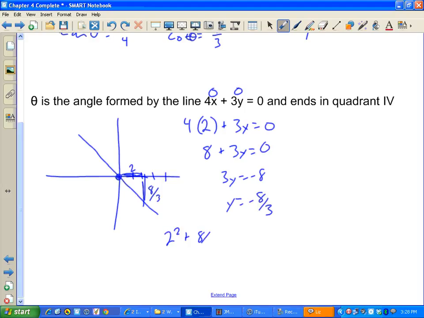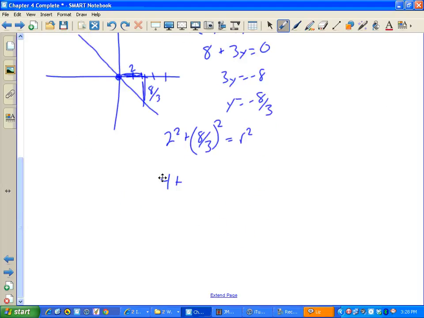So 2 squared plus 8/3 squared equals r squared. 4 plus 64/9. Okay, if I'm squaring a fraction, I square the top and the bottom. Equals r squared. If I add these together, 9ths, this would be 36 ninths. Okay, 4 whole things. If I split it into 9 pieces, I get 36 ninths.